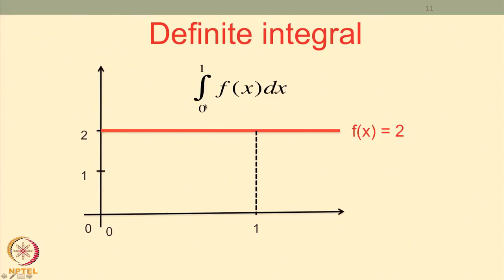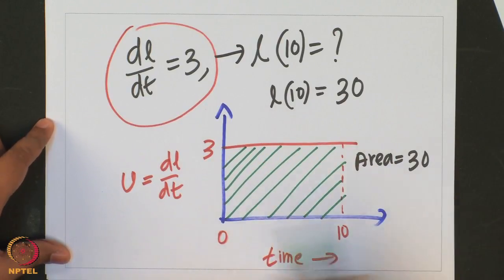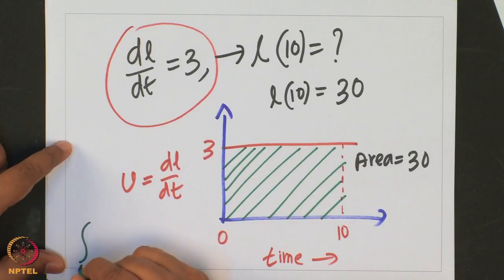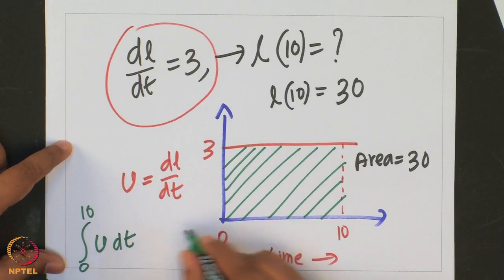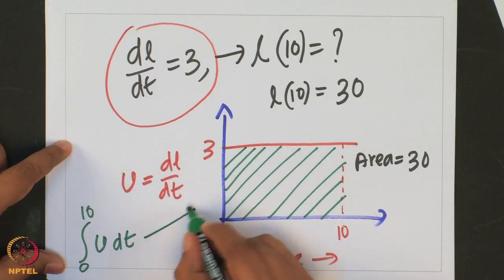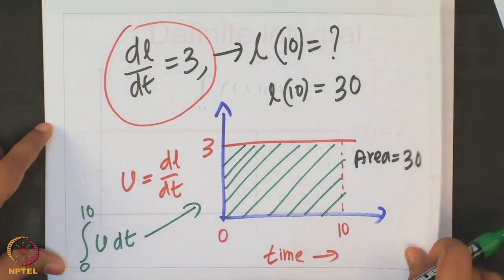These two numbers are called the lower limit and upper limit, which essentially says that if this was time, if we come back to this example, what we did here is nothing but the integral from 0 to 10 of v dt.